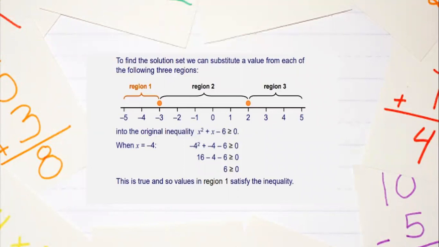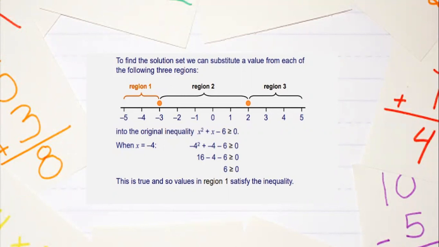And for the final solution, we can substitute a value from each of the three regions: region 1, 2, and 3. So into the original inequality, x squared plus x minus 6 greater than or equal to 0, when x = -4: (-4) squared plus (-4) minus 6 is greater than or equal to 0.